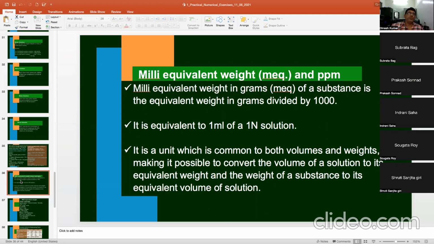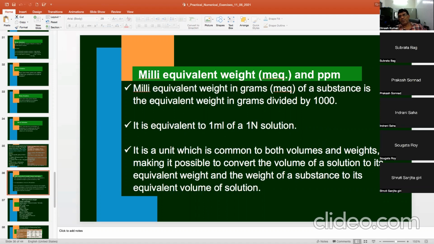See any solution, if it is 1 normal and 1 ml, it is equivalent to 1 ml of 1 normal solution. Means any solution, you know the normality and you know the volume.